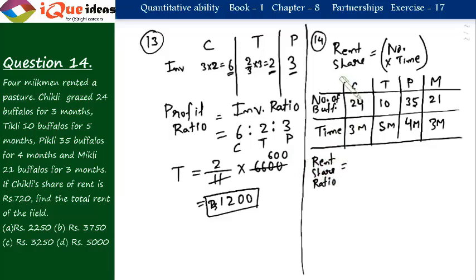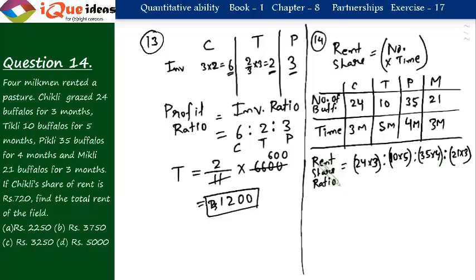We have to multiply the number of buffaloes and the time. For Chikli it will be 24 into 3, for Tikli 10 into 5, for Pikli 35 into 4, and for Mikli 21 into 3.